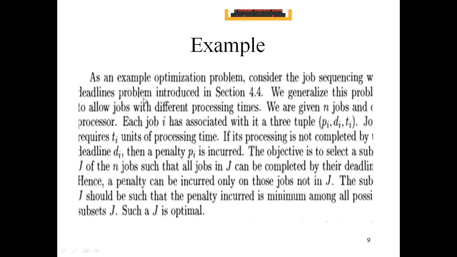Consider the job sequencing with deadlines problem. So what is here?